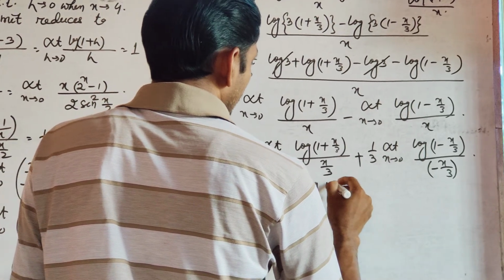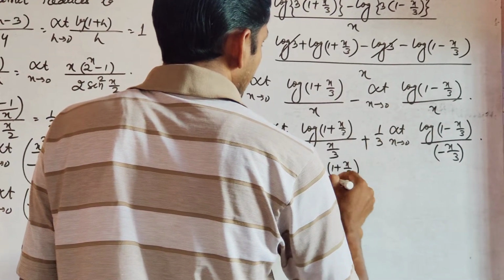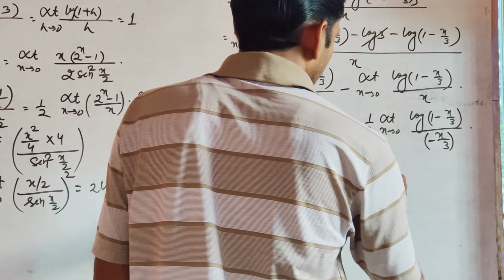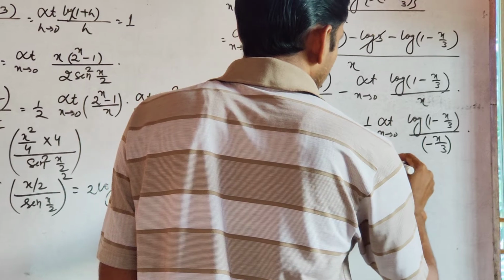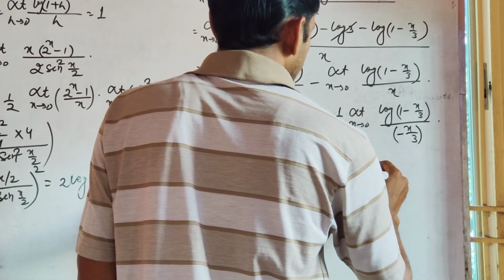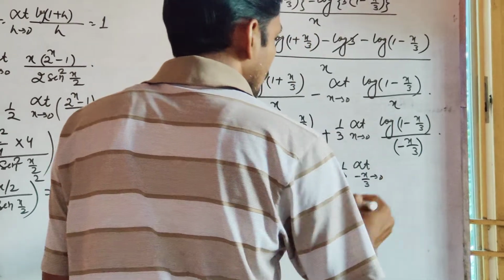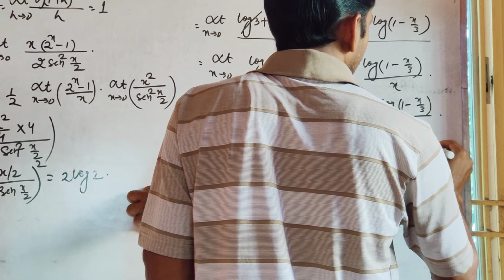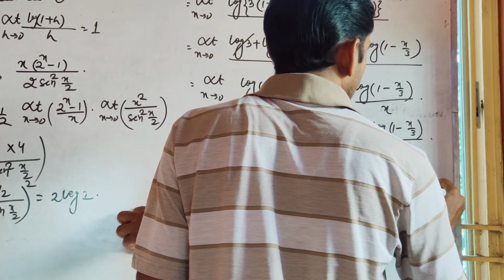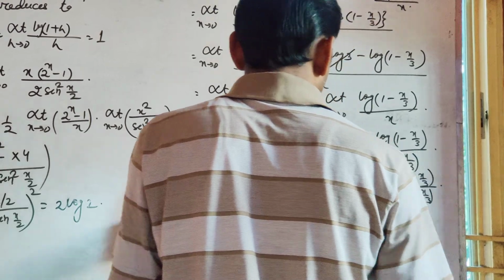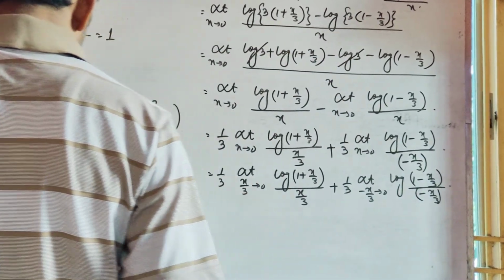You can write log 1 plus x by 3 by x by 3 plus 1 by 3 limit minus x by 3 tends to 0, and this is log 1 minus x by 3 by minus x by 3.